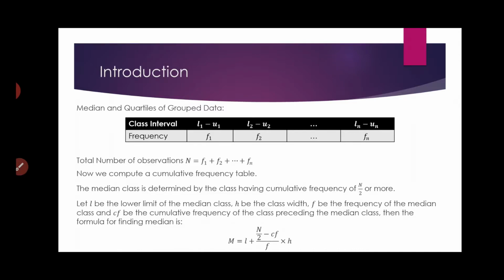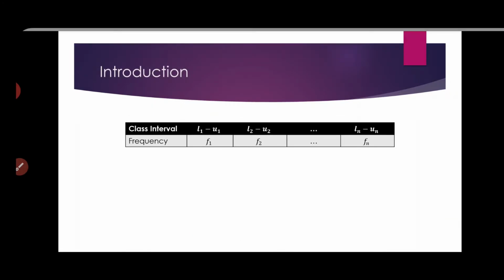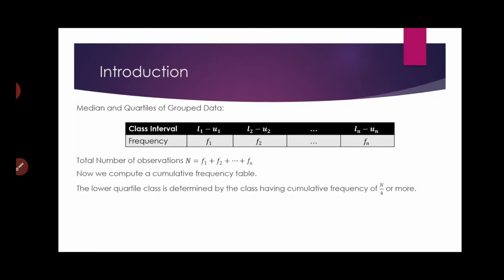Following the same way, if I want to find the quartiles, say for example the lower quartile, it is going to be exactly the same thing. It's just that instead of the median class, we have to identify the lower quartile class. And how to identify the lower quartile class?